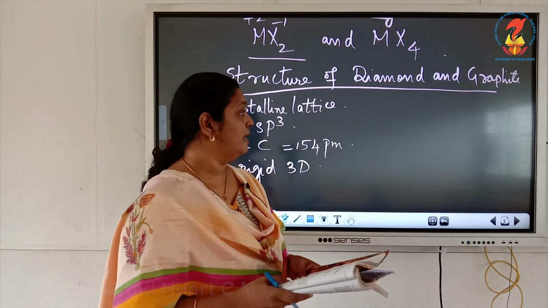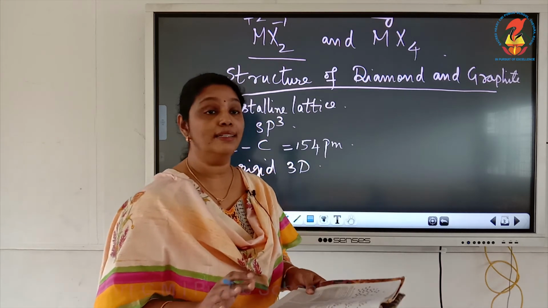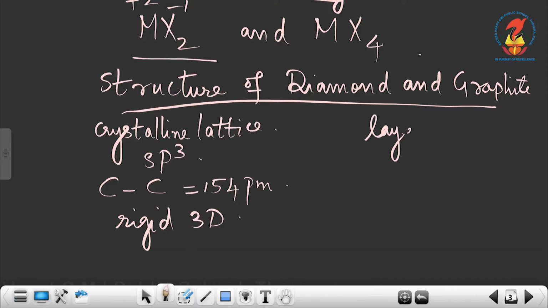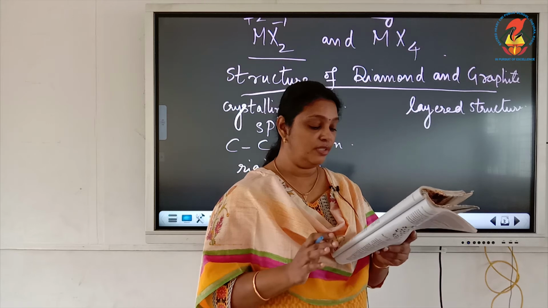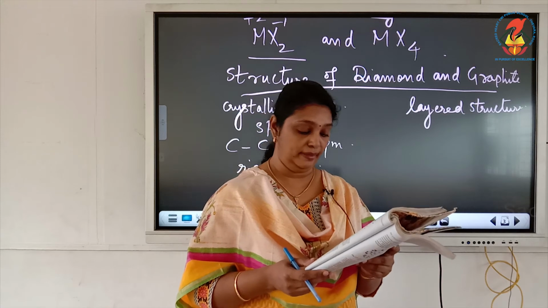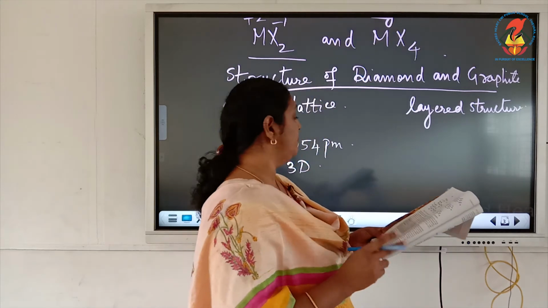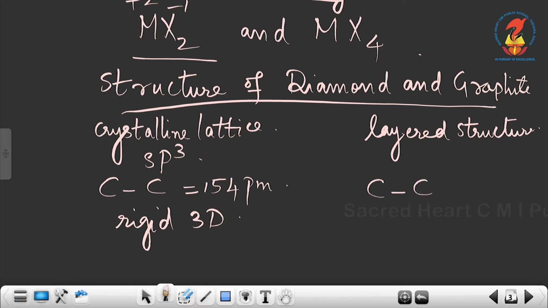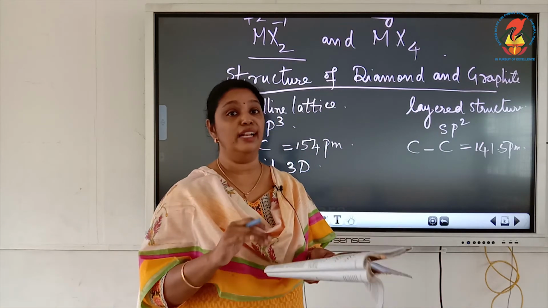Now, next let us see about graphite. Graphite has a layered structure. These layers are held by van der Waals forces, and the distance between 2 layers is 340 picometer. The C-C bond length is equal to 141.5 picometer, and each carbon atom undergoes sp2 hybridization, and it makes a hexagonal ring.